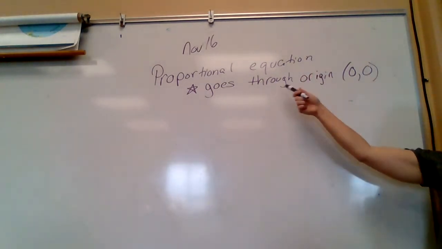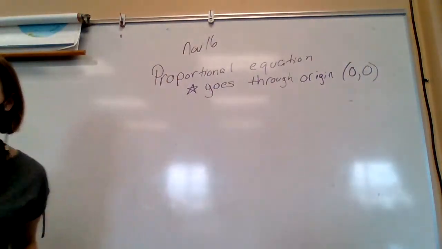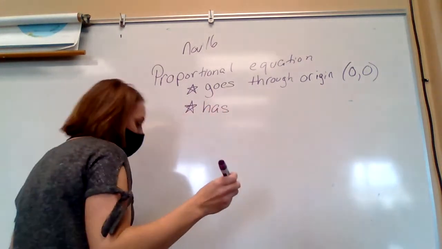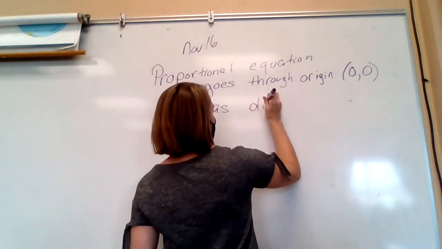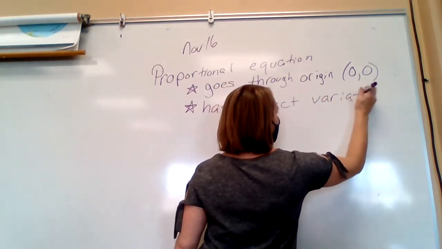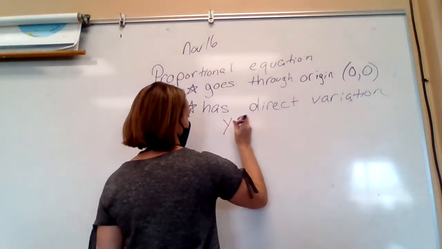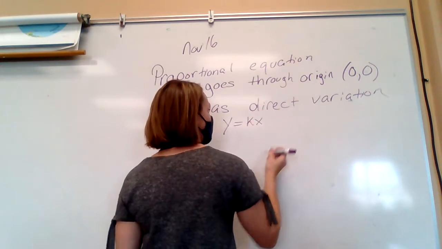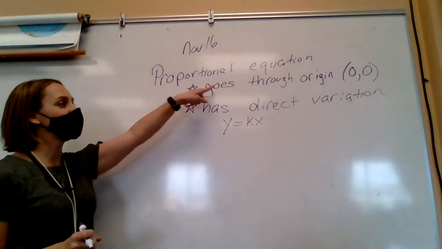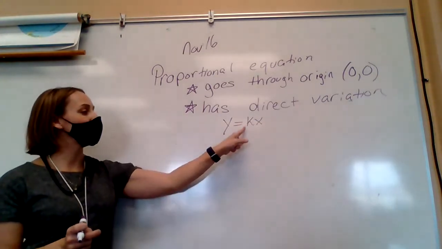A proportional equation goes through the origin, so that it goes through 0, 0. A proportional equation goes through the origin when it's graphed and has a direct variation, y equals kx.